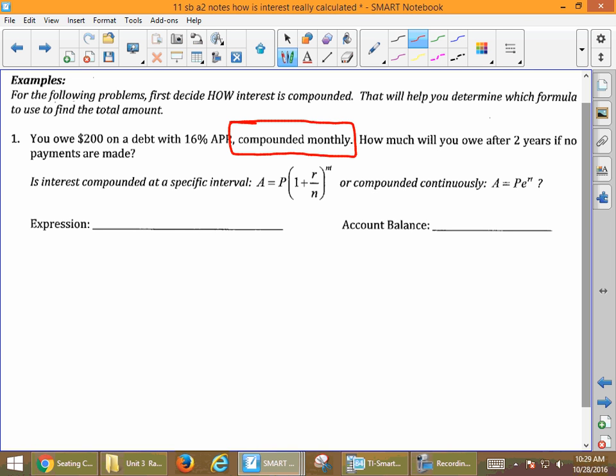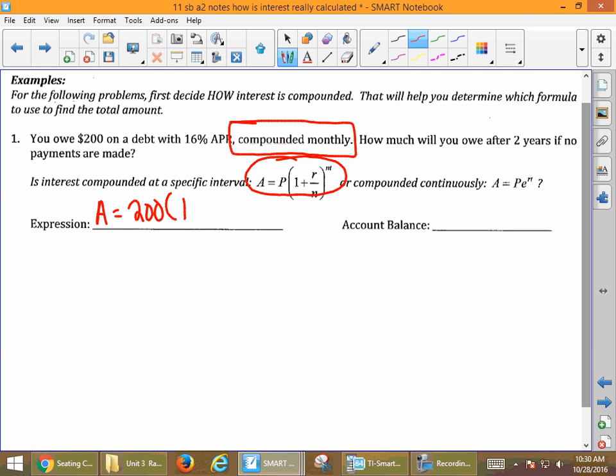Then what we want to know is how much will we owe after 2 years if no payments are made. So which of these two formulas are we going to use? The first one. So I'm going to circle that, and then we're going to fill it out here. We have $200 that we're starting with. That's our initial amount.